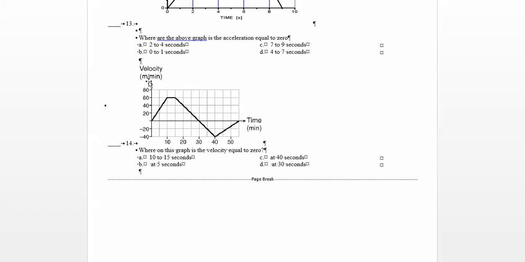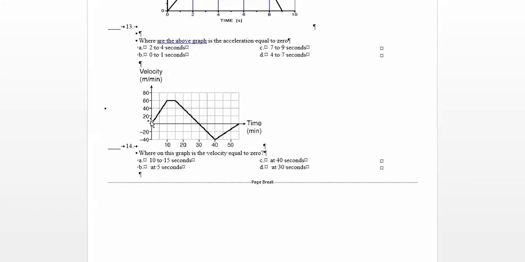Where on this one is the velocity equal to 0? This one is another velocity versus time graph, and velocity is equal to 0 here, here, and there. You're just reading it off the graph. Remember, for all of these questions, if you understand how to read the graph, you're going to be fine.